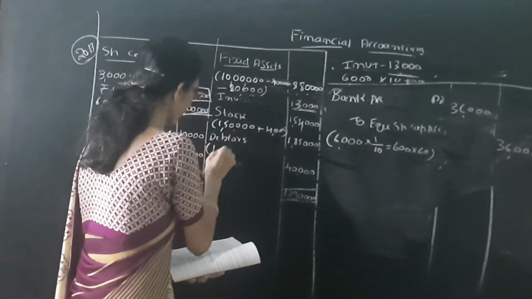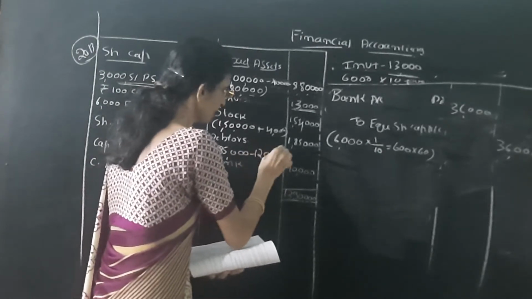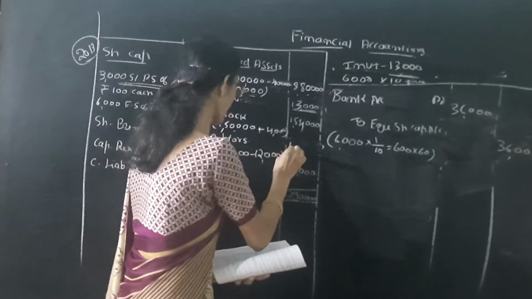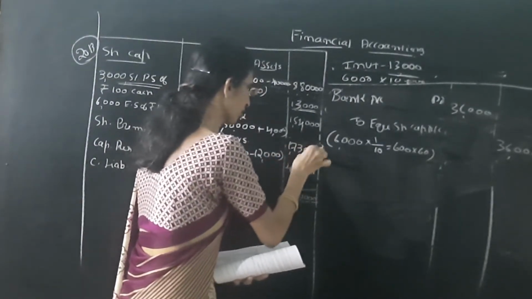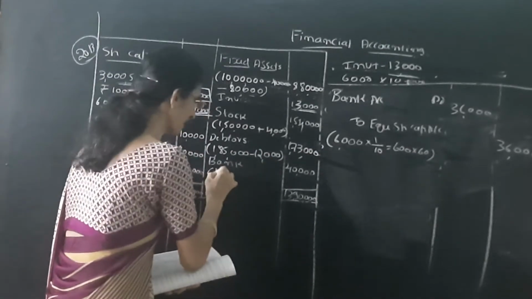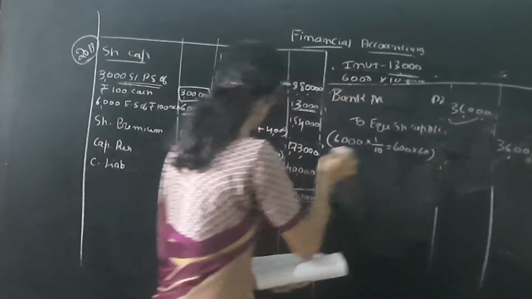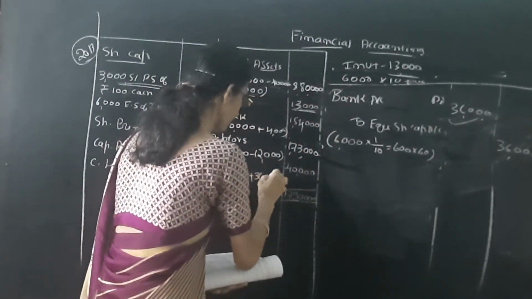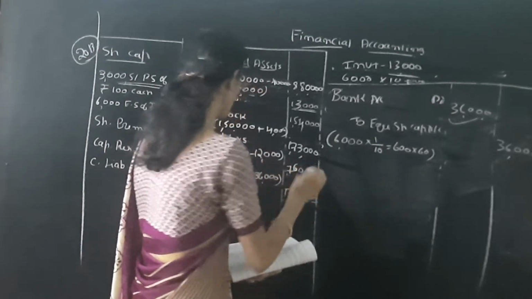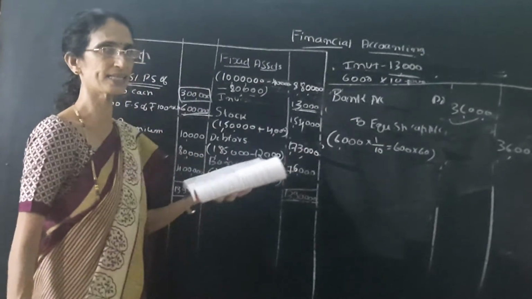So debtors 1,85,000 given in the balance sheet, minus the reduced 12,000, then we get 1,73,000. Then the bank balance is 40,000. One fresh issue is here, 36,000, so we have to add it. We get 76,000. So the asset side is over.